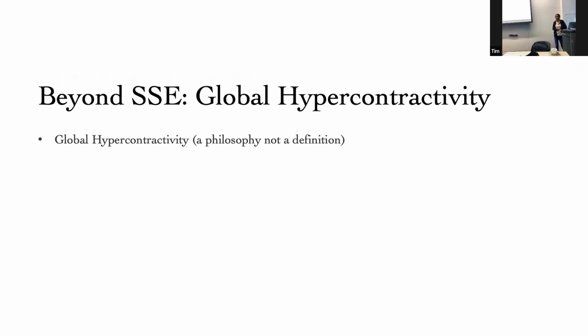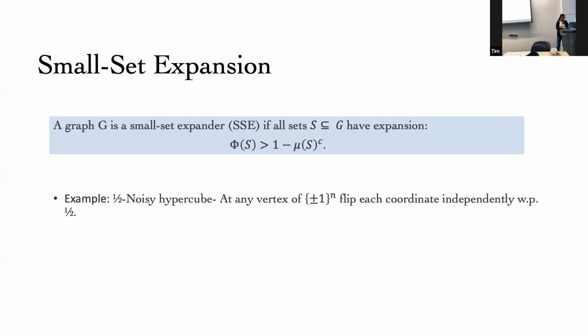Actually, what is the C for which the hypercube satisfies the inequality previously? Or were you going to say this? Yeah, I was not going to say, but I can say it. So for example, if you take the half noisy hypercube, then I think C is one.